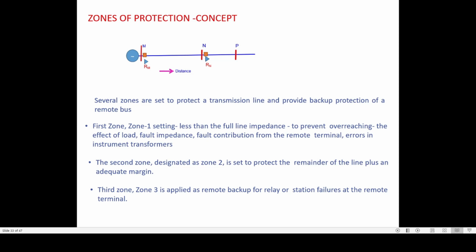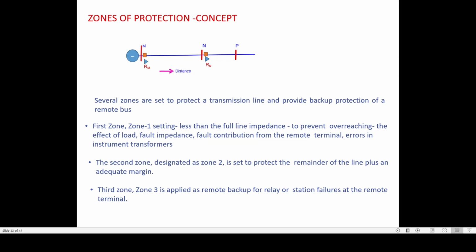Actually, the distance relays are set based on the impedance of the transmission lines. Now, what is this impedance of the transmission line? It is basically made up of the positive sequence, zero sequence, and negative sequence impedances of the transmission line. As you know, the positive and negative sequence impedances of the transmission line are generally the same, but the zero sequence impedance will be different.